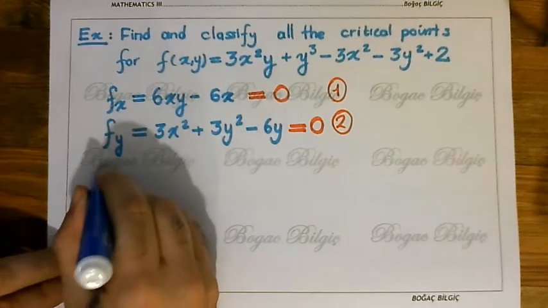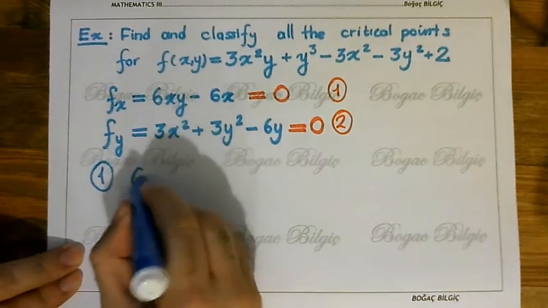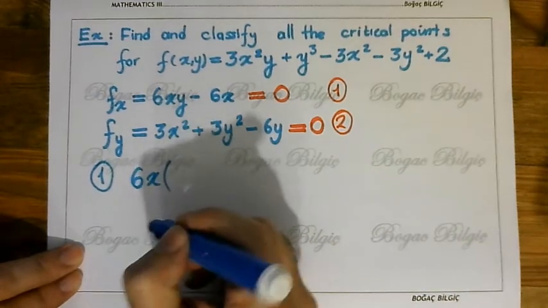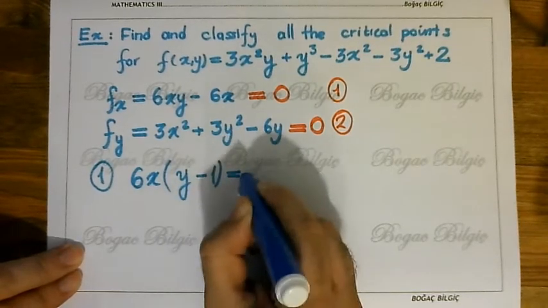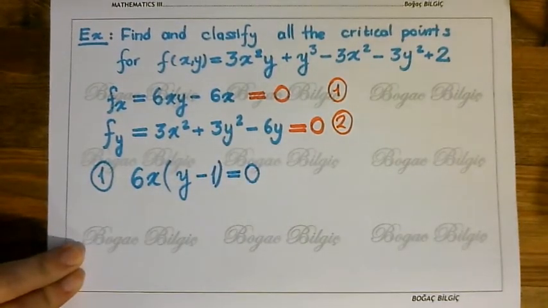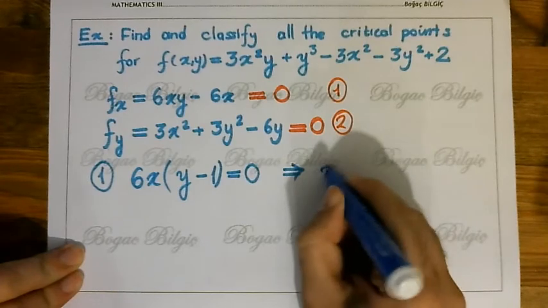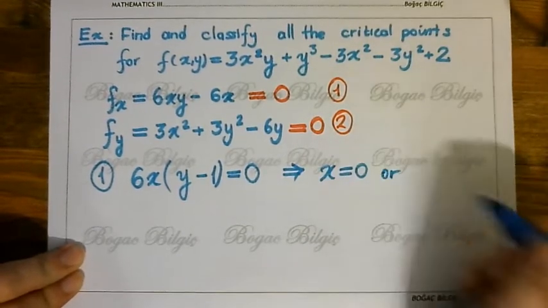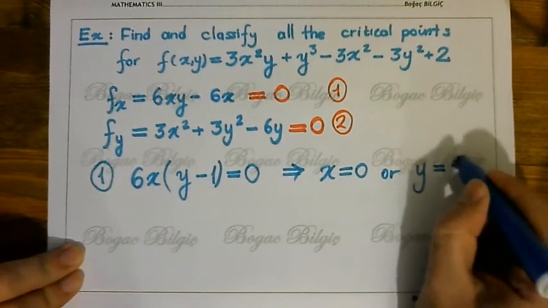Firstly, the first equation: 6x(y minus 1) is equal to 0. So x is equal to 0 or y is equal to 1.